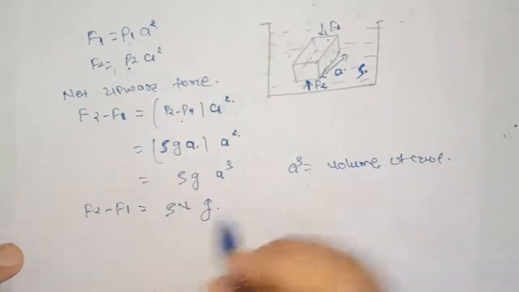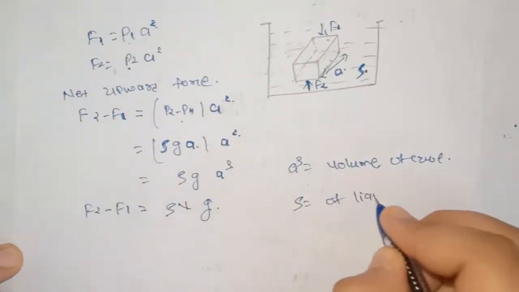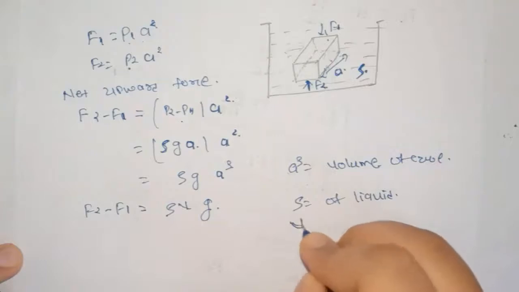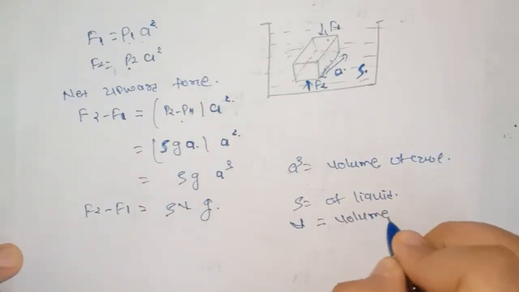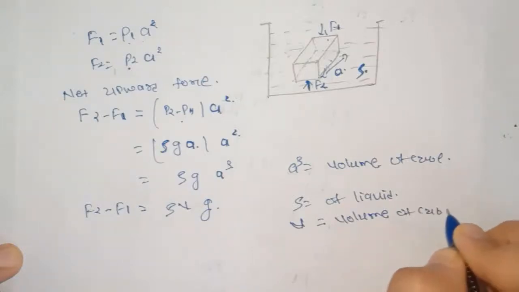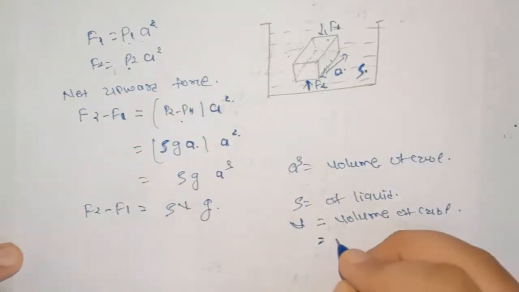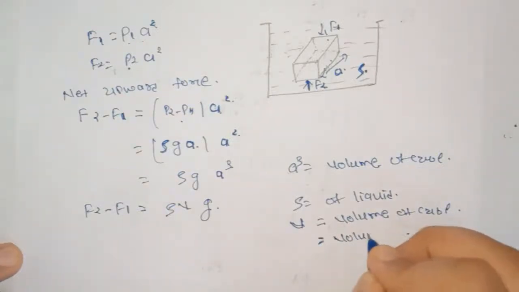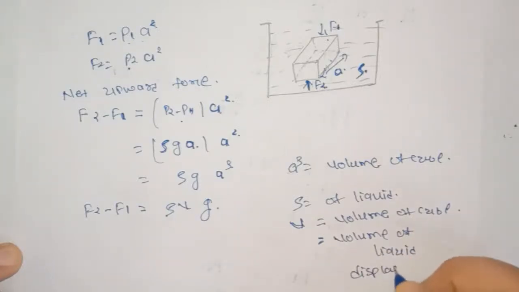The density is of the liquid. The volume is the volume of the cube, and this much volume of liquid is displaced. So we can also write it as the volume of liquid displaced due to the block.